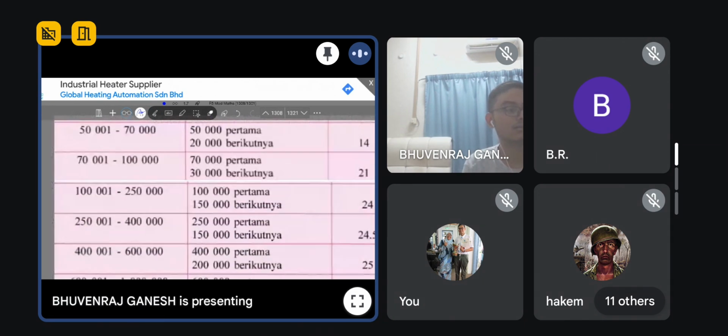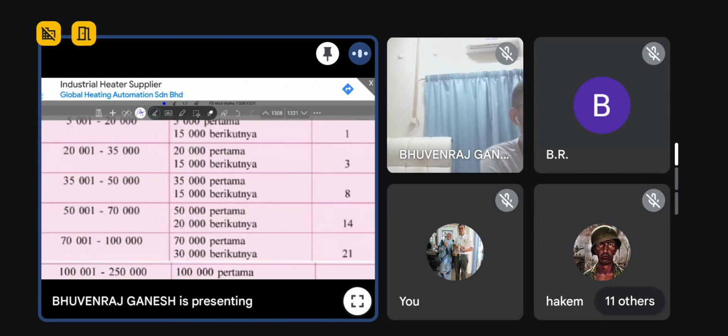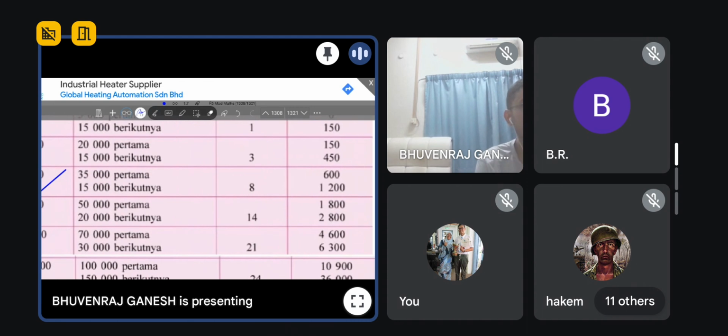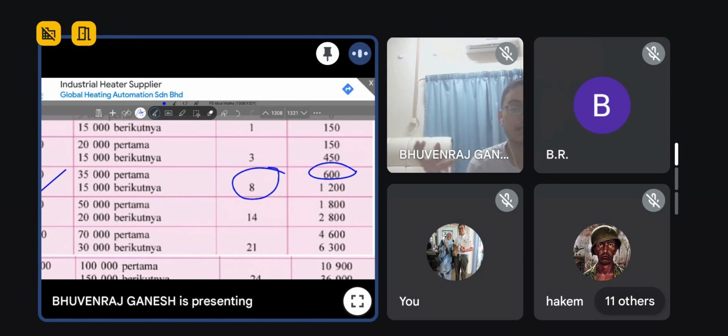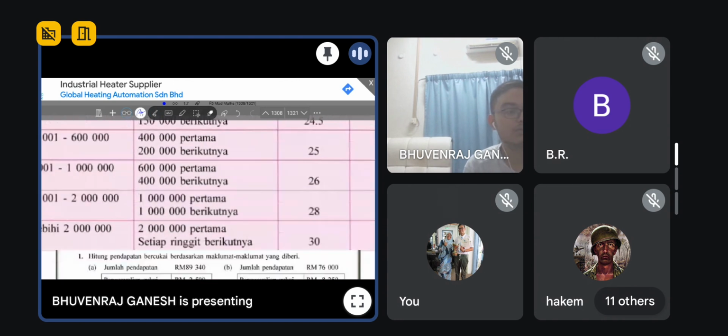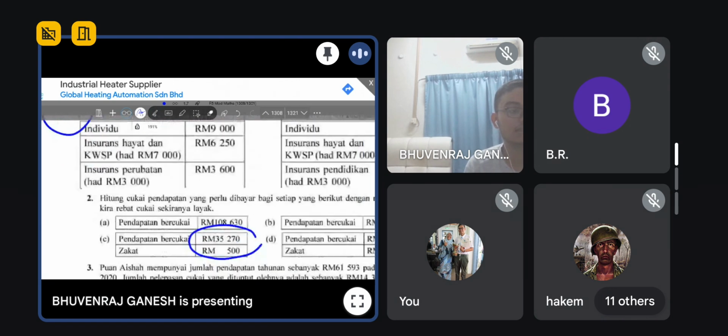Okay, look at the table. So 35,000 here. So you refer to the value. Base tax 600, 8% you multiply by the balance. So your balance is the earlier value minus 35,000. Then you add both values, then you can get the answer already.